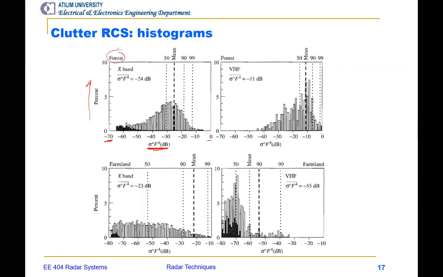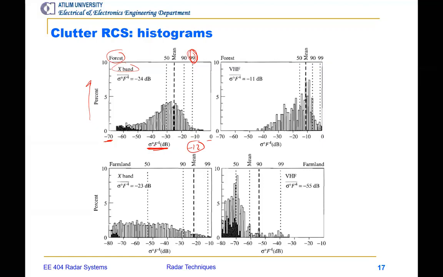For forest, for example, for X band, the mean value is somewhere between -20 to -30 dB, and about 99% of the RCS values are within the range from approximately minus 12 dB or less.